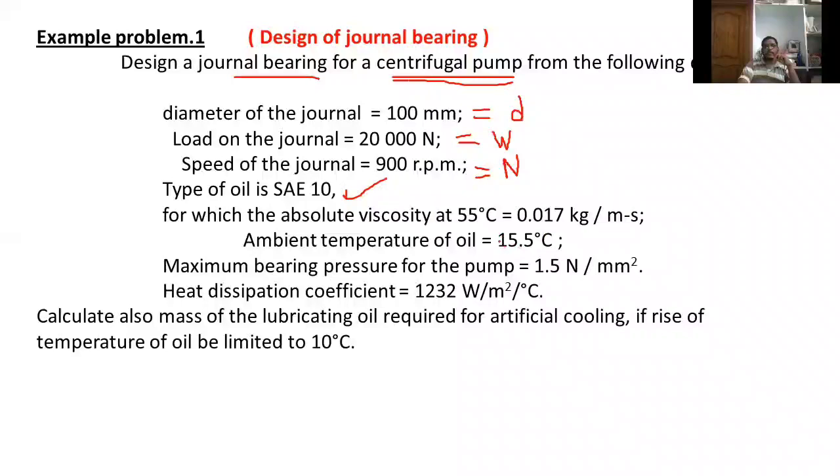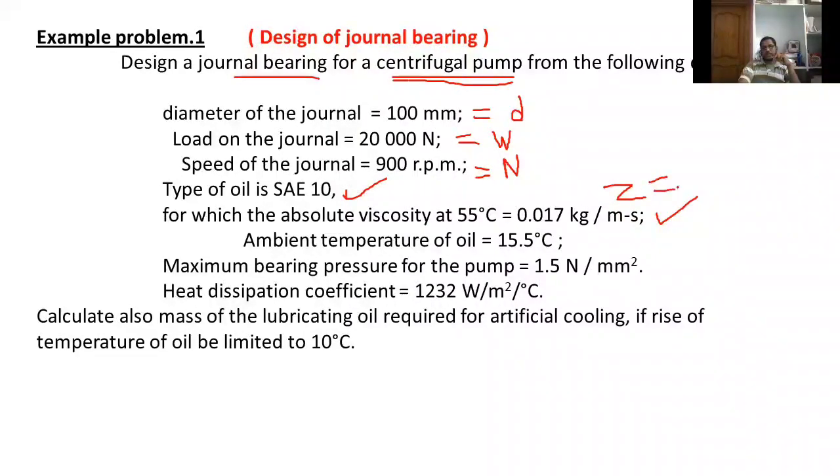The absolute viscosity at 55 degrees Celsius is also given, that is 0.017. This value is Z. Absolute viscosity is in kg per meter second.